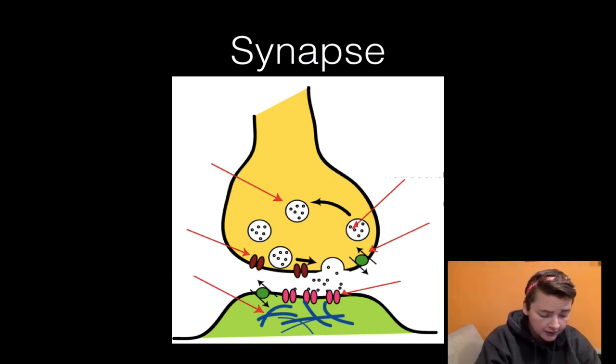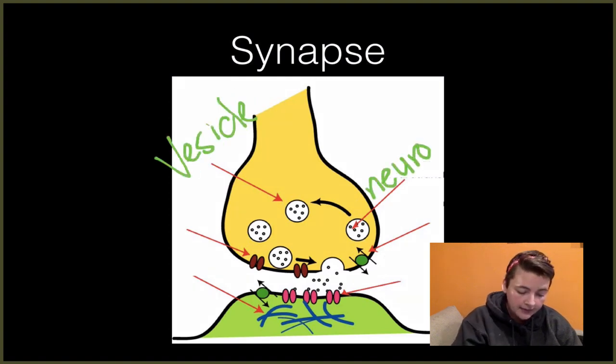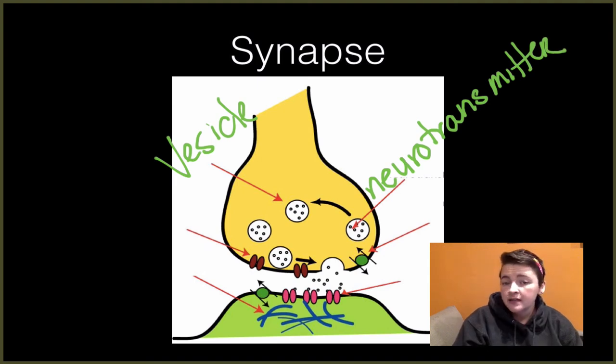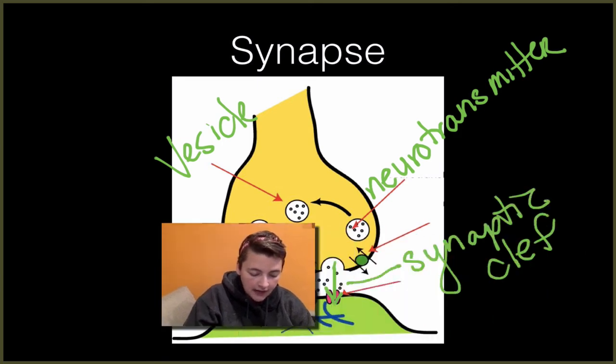The neurotransmitters are kept in vesicles. Inside the vesicle are the neurotransmitters. When the impulse reaches the synapse, it activates those vesicles to release the neurotransmitter here, and it will go to the other side. It's going to cross the synaptic cleft.